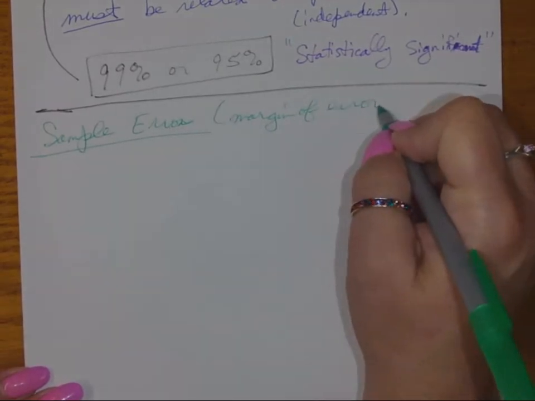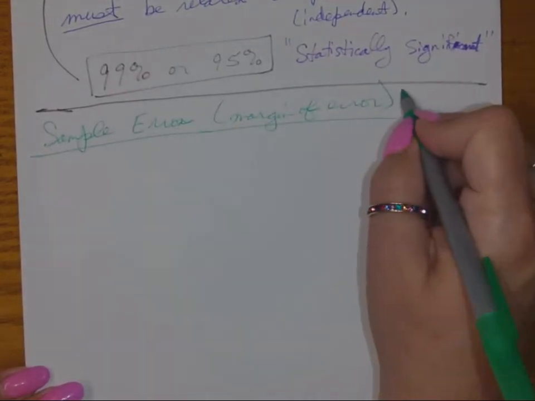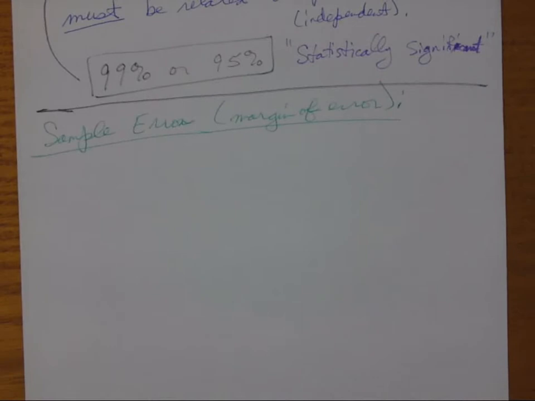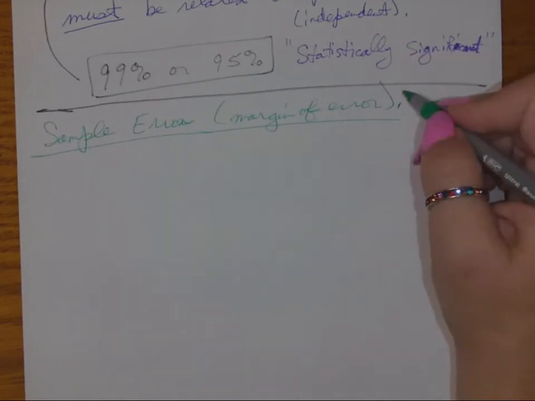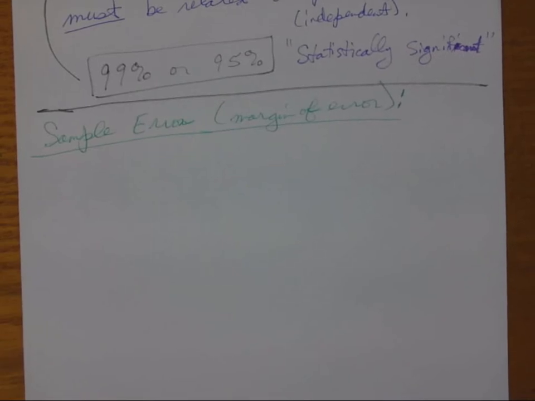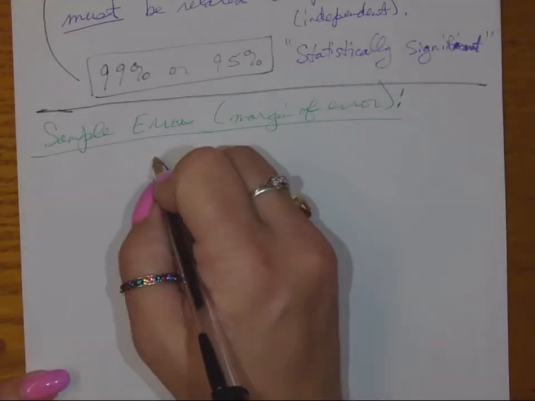If you'll remember, in week 1, we talked about how you add this margin of error and you subtract this margin of error, and I said we'll figure out how to get there later. Well, it's later. We had to have a lot of math before we could get to what the sample error or the margin of error is. And here's the formula, and you'll understand why we needed to do some math first.